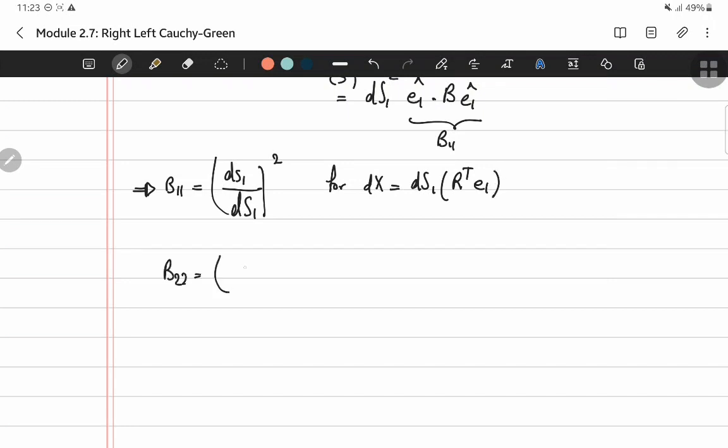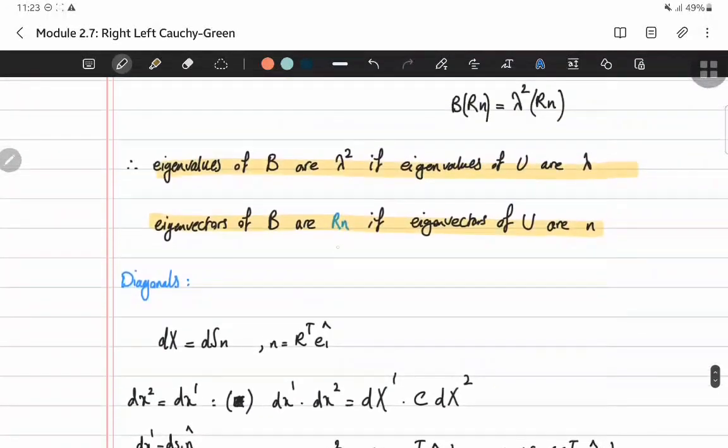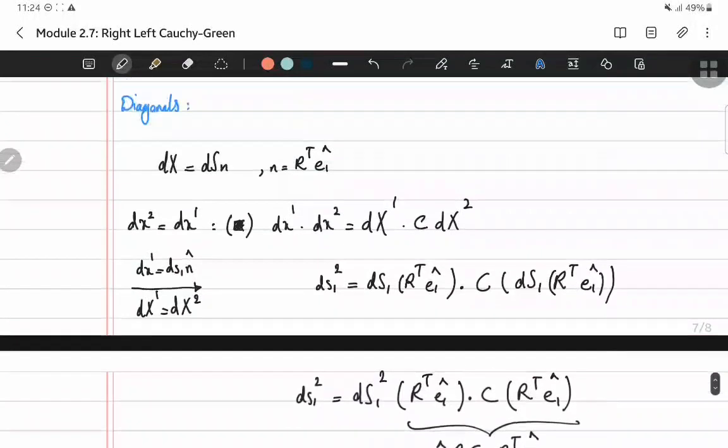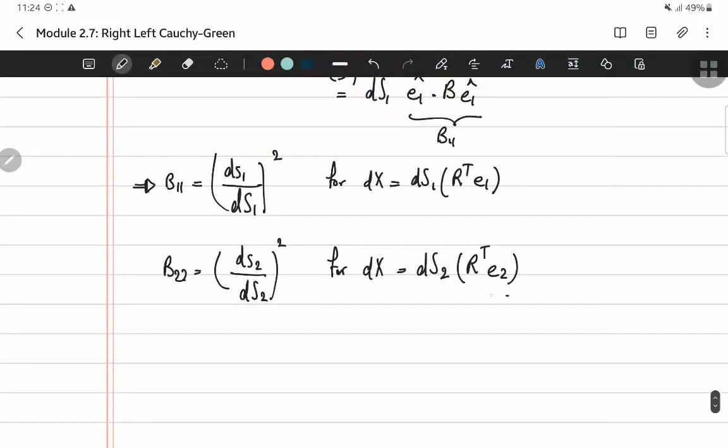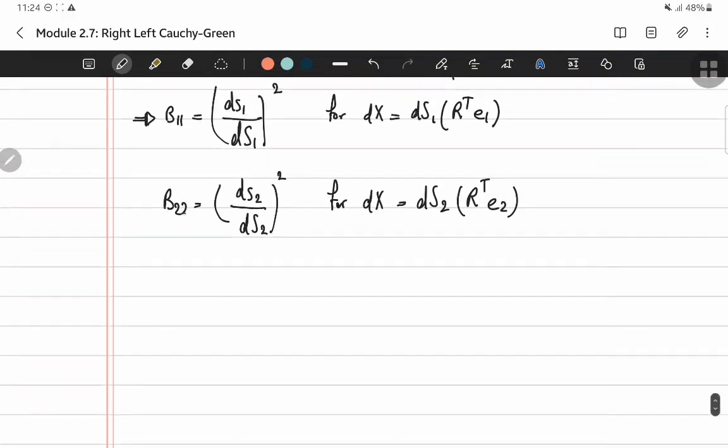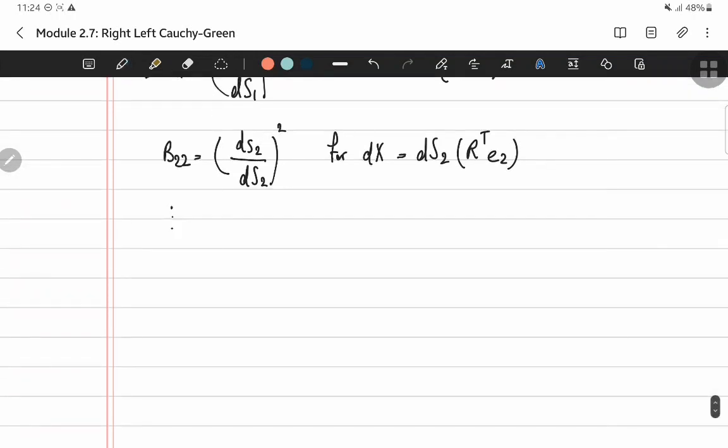And B22 is ds2 divided by d capital S2 squared, where dX is initially d capital S2 R transpose E2, because we said that this is the eigenvector Rn. So we have to first use this eigenvector in here for the reference configuration. And then we have B33. So let's go for the off diagonals.